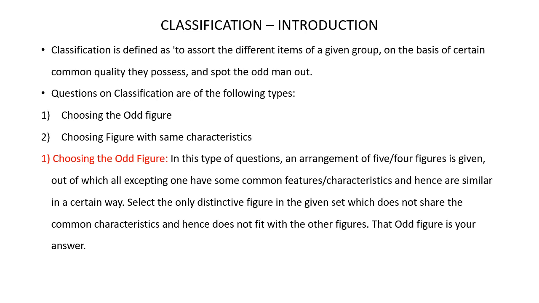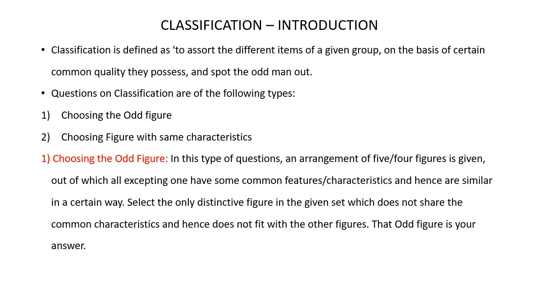So classification means you have to group the different items in a given group on the basis of certain common quality they possess and then spot the odd item out which does not have the same common quality as the others in the group.